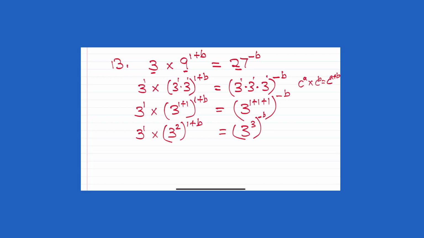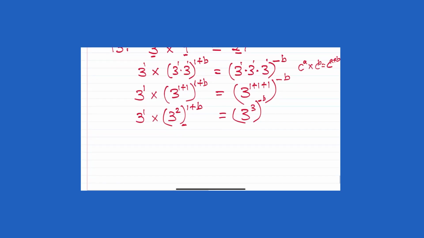Now, we can remove the parentheses here. When we remove the parentheses, it's going to change the whole setup. So we have 3 to the power of 1 plus 2 times 1 plus b, so we have 2 plus 2b. That is what we are going to get. And this will be 3 to the power of minus 3b, because 3 times minus b is minus 3b.